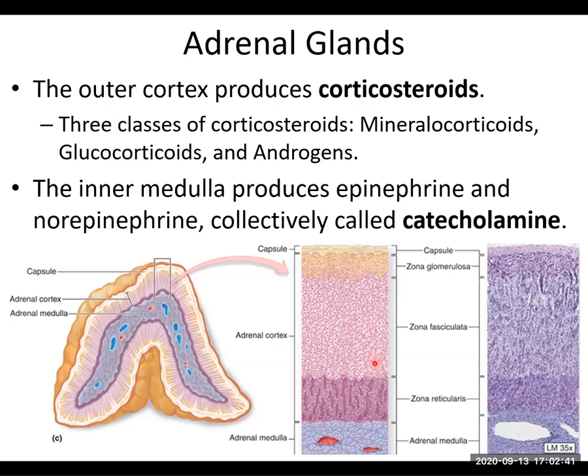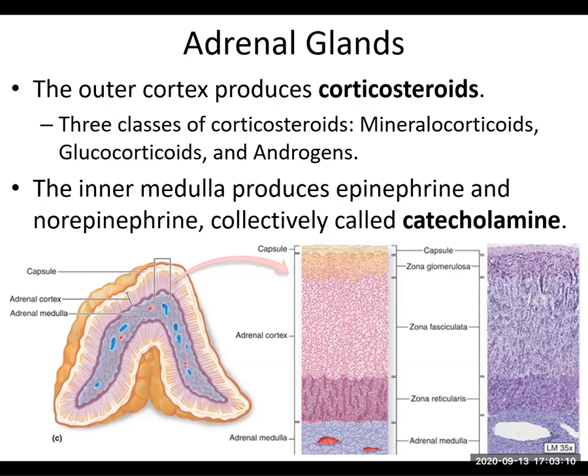Each one produces its own hormones. Zona glomerulosa produces the mineralocorticoids. Zona fasciculata produces glucocorticoids. And the zona reticularis produces androgens. And all these three are steroid hormones.